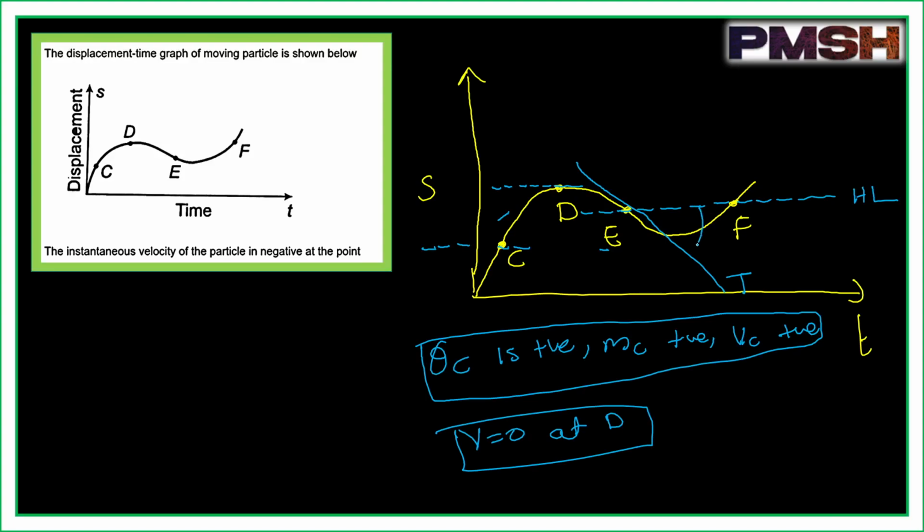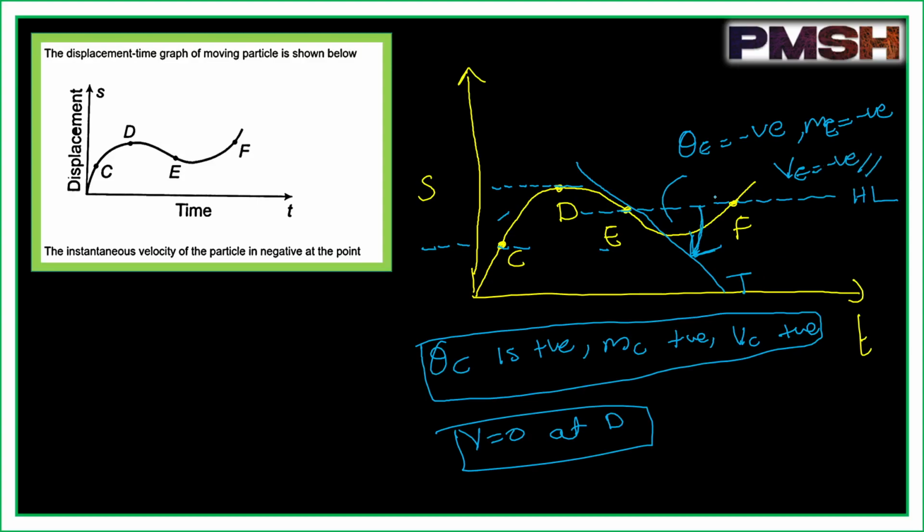Clearly this angle is measured in the clockwise direction. If an angle is measured in the clockwise direction, then that angle is going to be negative. So at point E, the angle is negative. Since the angle is negative, the slope at E will be negative. Hence, the velocity at E is negative.